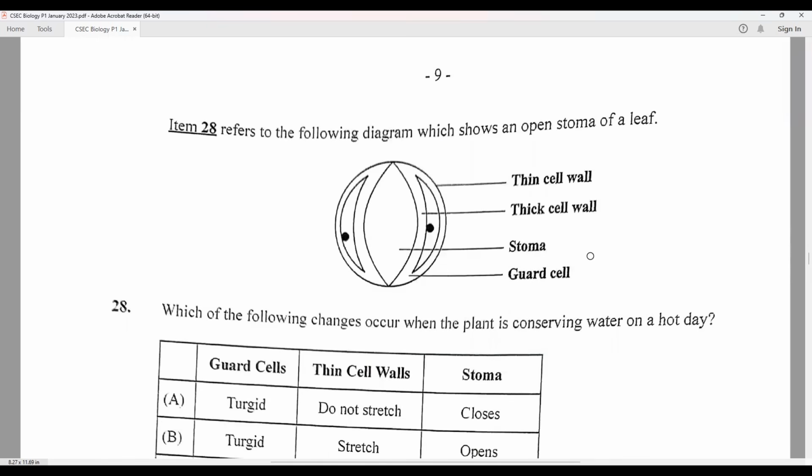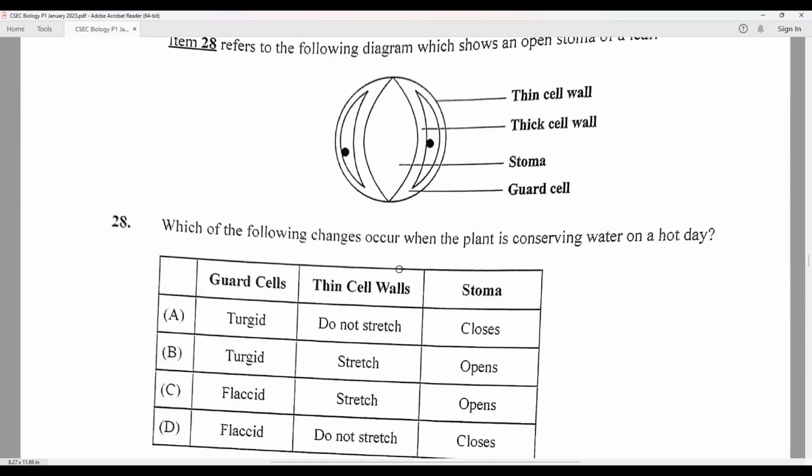Question 28 refers to the following diagram, which shows an open stoma of a leaf. See how it's nice and open? This means these guard cells are nice and turgid, they're nice and full, right? Full allows them to curve and be open. Which of the following changes occur when a plant is conserving water on a hot day? When a plant is trying to conserve water, this stoma will close.